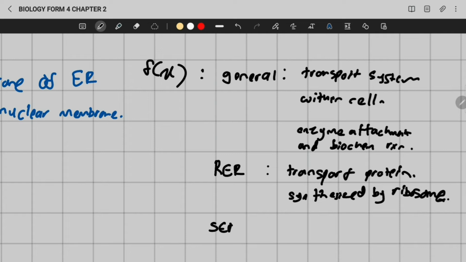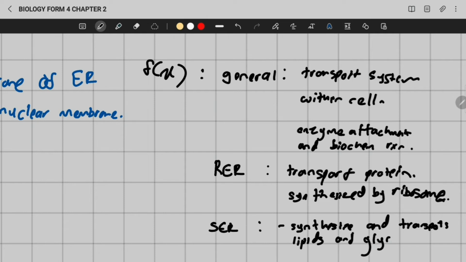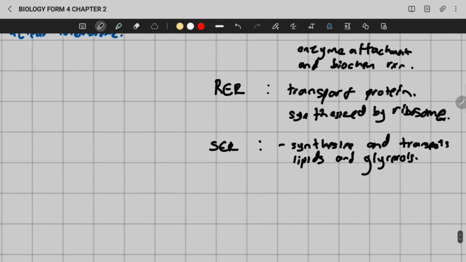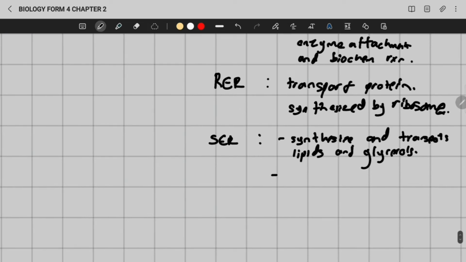Now we have the smooth endoplasmic reticulum. What do they do? They synthesize and transport lipid and glycerol. They also carry out detoxification, just like our liver. Detoxification of drugs.